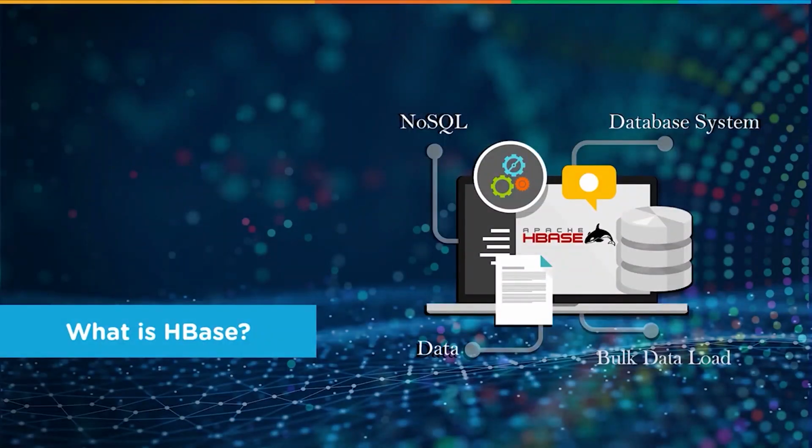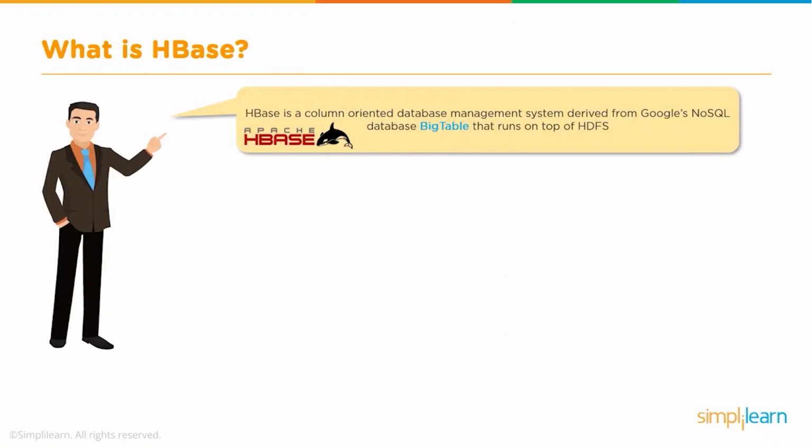So what is HBase? HBase is a column-oriented database management system derived from Google's NoSQL database, Big Table, that runs on top of the Hadoop file system, or the HDFS. It's an open source project that is horizontally scalable, and that's very important to understand, that you don't have to buy a bunch of huge expensive computers.